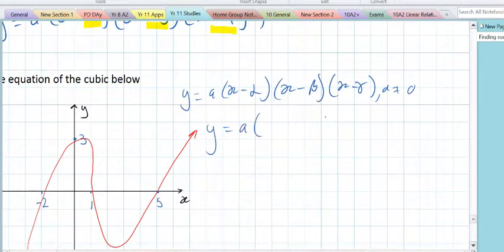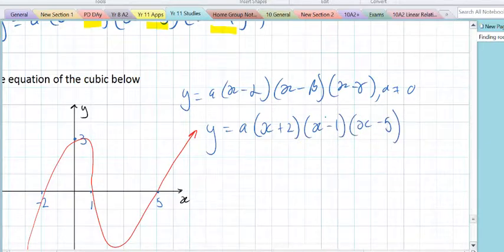Leave the A out the front. x plus 2, x take 1, and x take 5. So those three linear factors correspond with these three zeros, or roots.